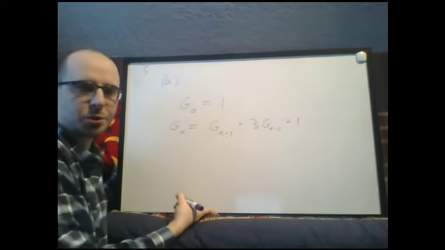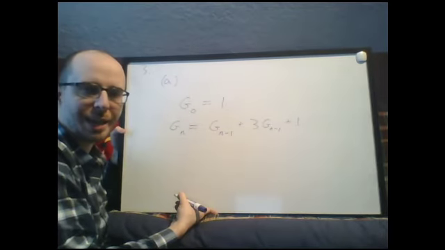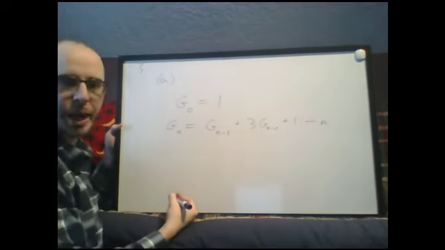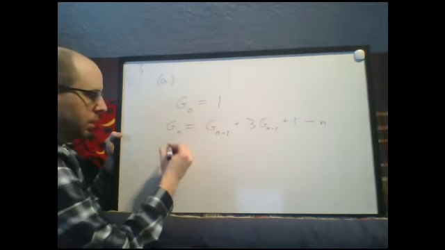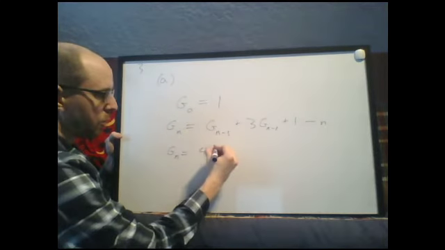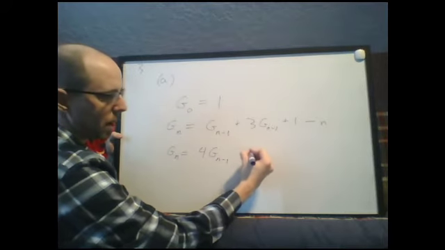And then the troll comes along at the very end and eats n gnomes. So we're going to lose n. So we subtract n from that. Okay, so now let's simplify. Gn equals 4Gn minus 1, we'll say minus n plus 1.